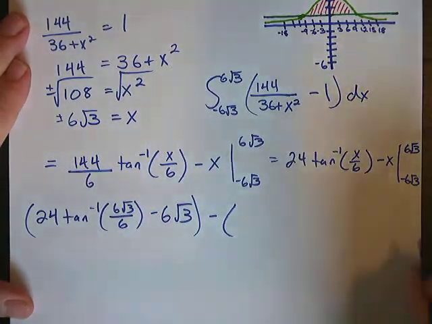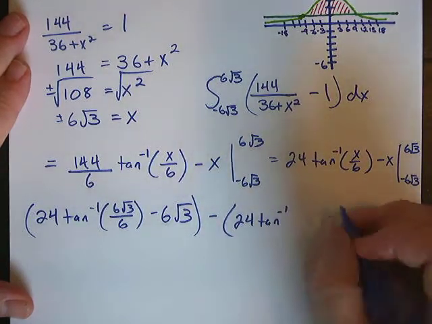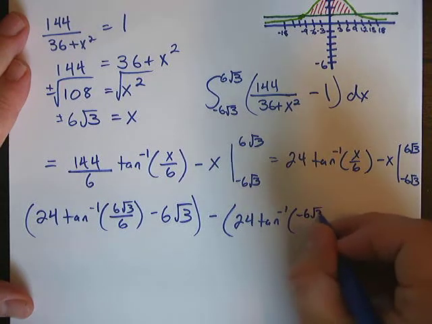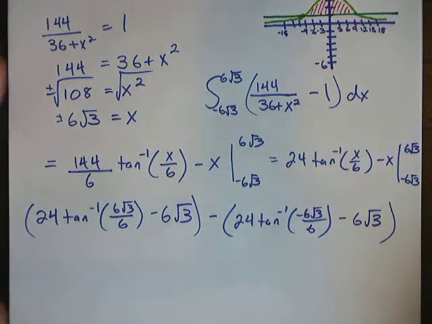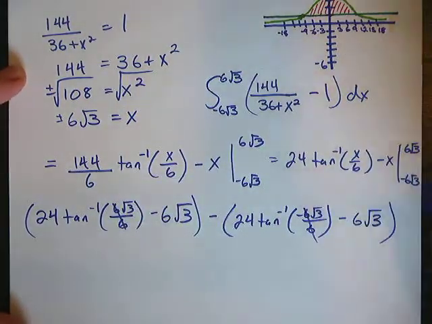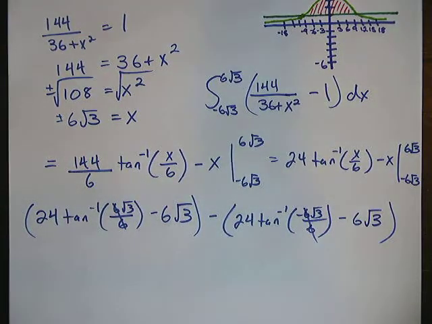Now let's do the lower limit, which is the same except it's -6 root 3. So 24 inverse tangent of -6 root 3 over 6, minus 6 root 3. You can see that the 6's cancel inside there. It leaves a root 3 inside here and a negative root 3 in the second one.